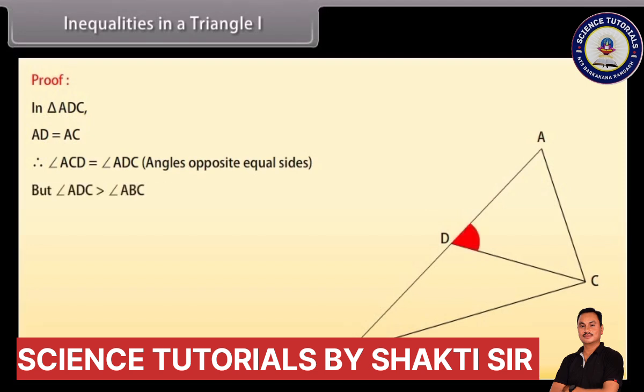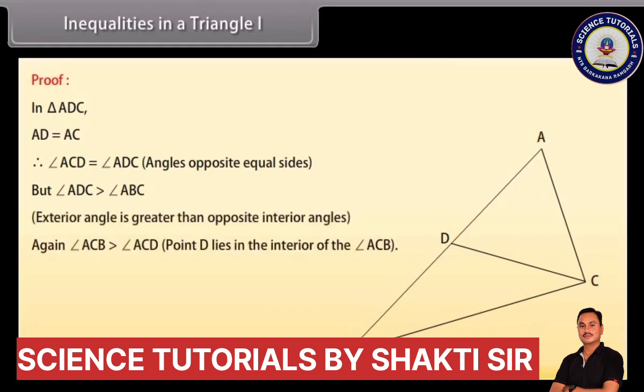But angle ADC is greater than angle ABC because an exterior angle is greater than the opposite interior angle. Again, angle ACB is greater than angle ACD because point D lies in the interior of angle ACB. Therefore, angle ACB is greater than angle ABC.